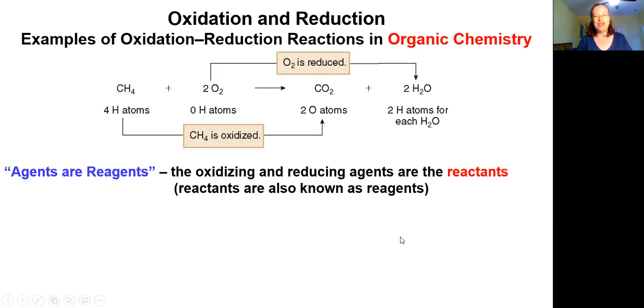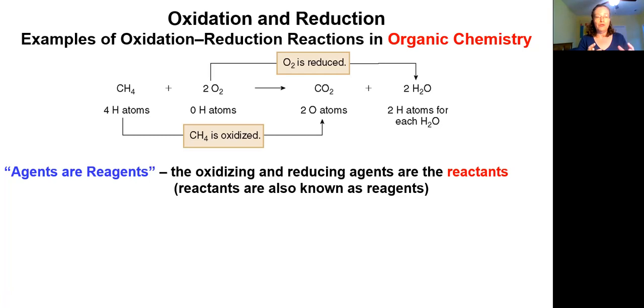The agents are reagents. That helps me remember that the oxidizing and reducing agents are always going to be my reactants. Another name for reactants is reagents. And so I see the carbon losing the 4 bonds to hydrogen and gaining back bonds to oxygen. Carbon has been oxidized.